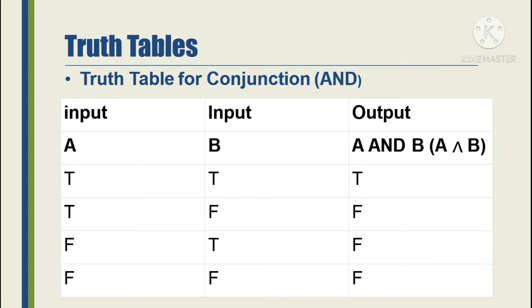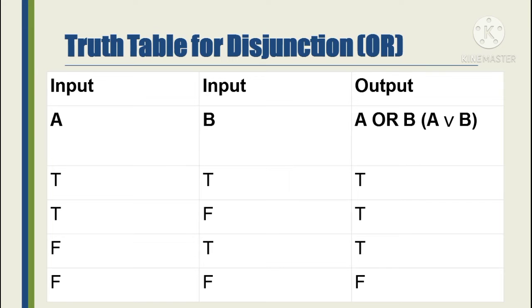dito sa ating and, kapag yung input A natin ay true at yung input B natin ay false, siya ay naging false dito sa and. Pero kapag dito sa OR, yung A natin ay true, then yung ating B naman ay false, ang kalabasan daw niya ay true. Kabaliktaran siya nung ating and. Ano?